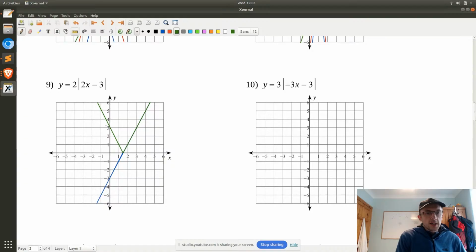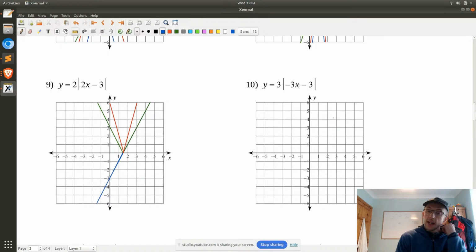And then double it. So squeeze it. Make it twice as steep. There. All right. I actually quite like this.